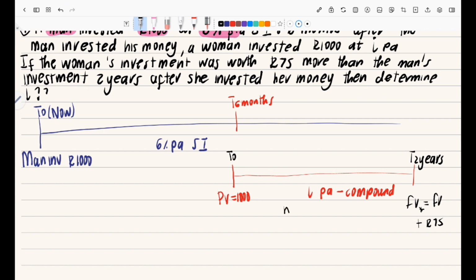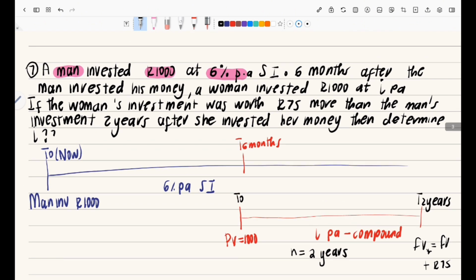So I can just conclude that N is equal to 2 years for the woman. And then for the man, the simple interest is per annum, but I am given something in months, right? So the 6 months in years is the same as 1/2 years, right?